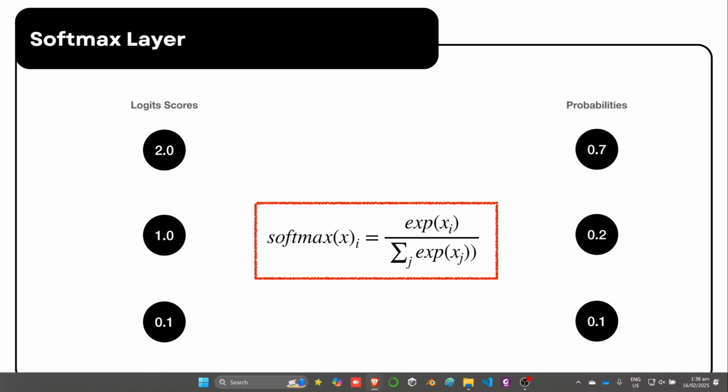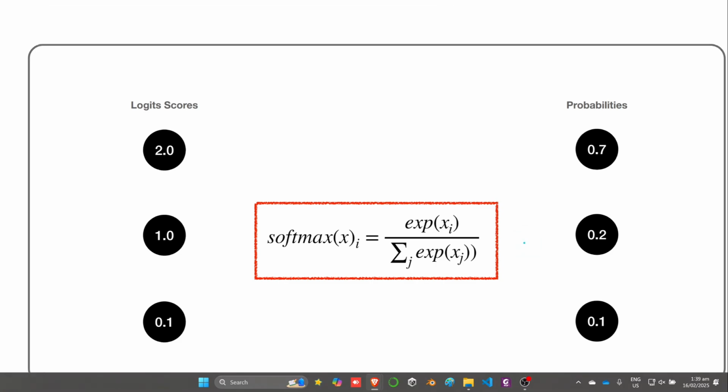But we want that in probability form, because probabilities are easy to work with mathematically, and that's what a softmax operation gives us. So in the end, we convert these output values to 0.7, 0.2, and 0.1 in this case. So we will stop here and start putting together everything to show how we build a CNN.